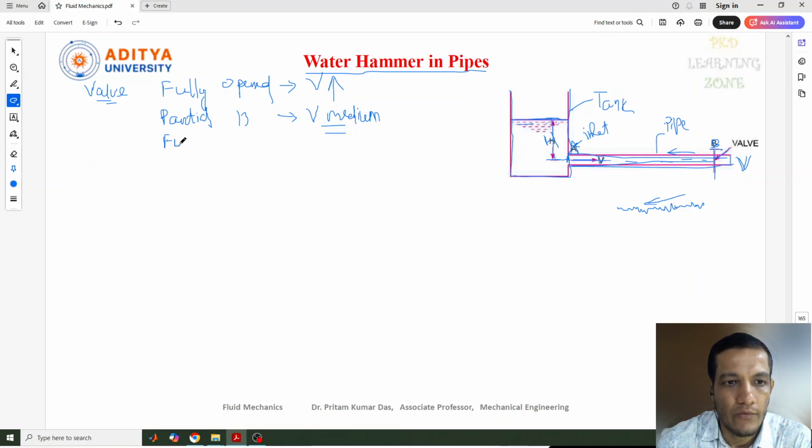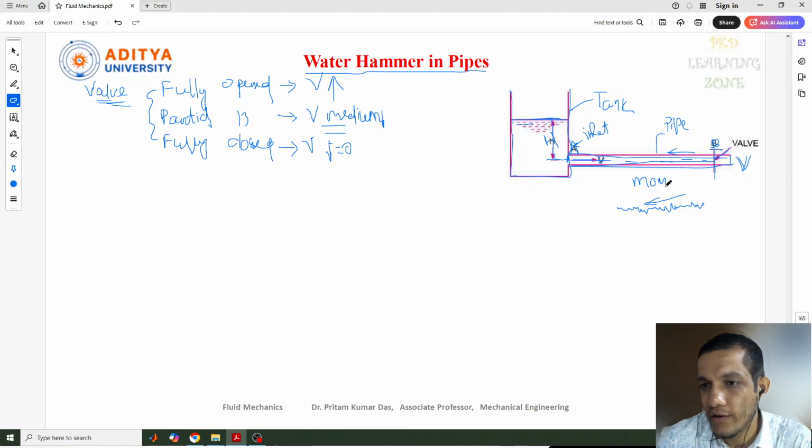Now the valve is fully closed. In that condition, the velocity will be reduced to 0. When the valve is fully closed, the momentum of the fluid which is flowing will be completely destroyed, or 0, because there is no flow through the pipe.